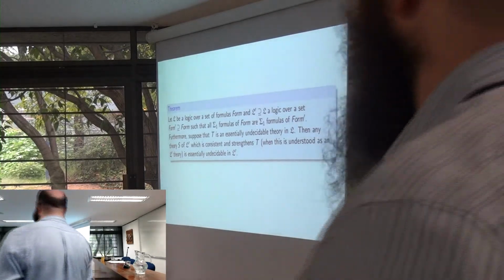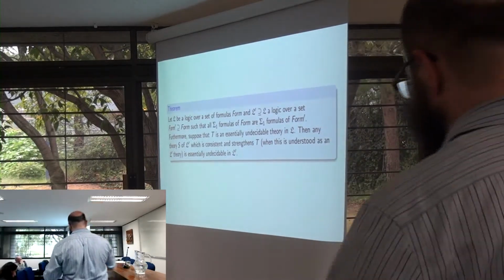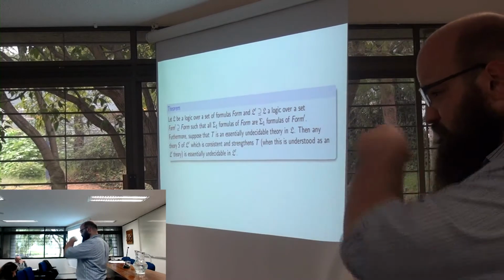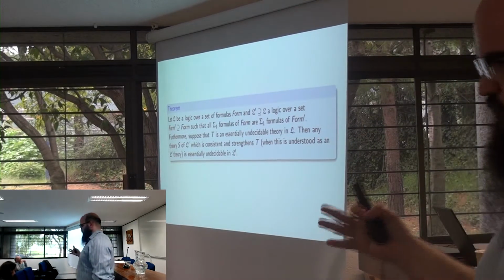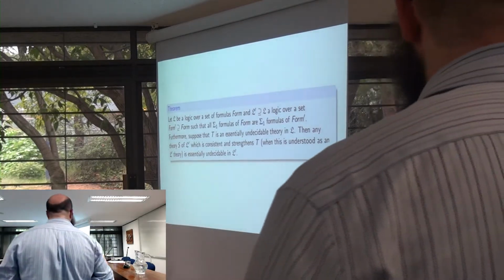So this just makes precise what I meant by saying we're going to be studying pairs of logics and theories. And the essential undecidability is going to apply to those objects rather than theories tout court.